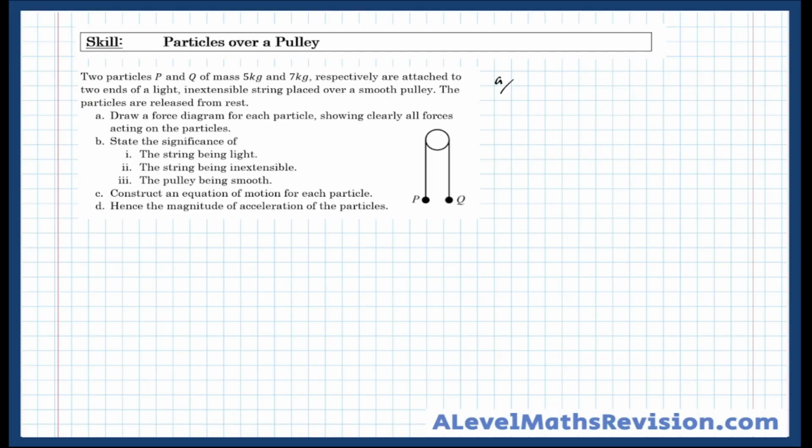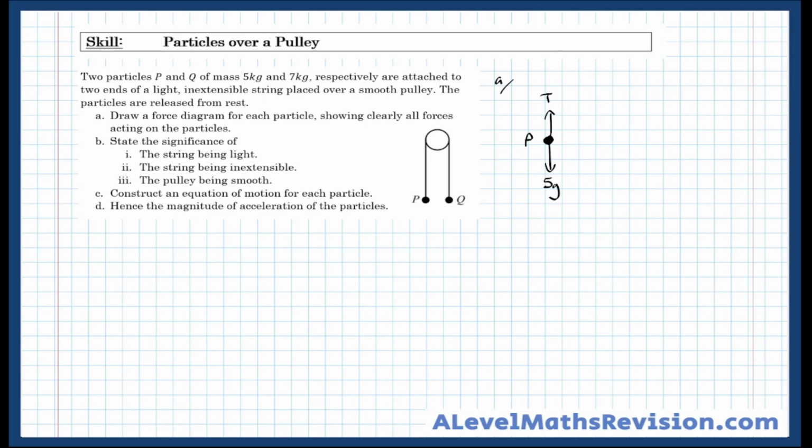Okay, so we've got particle P here, and its weight is 5g, mass times g, and holding it up is a tension. The string is pulling particle P upward.